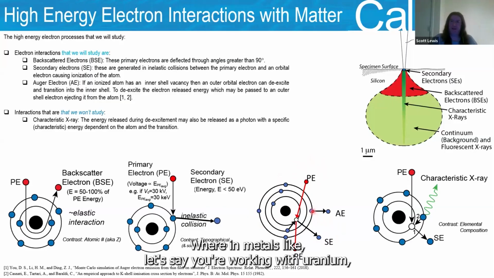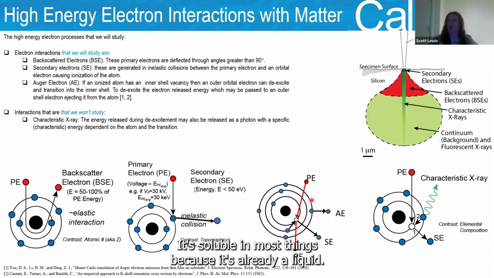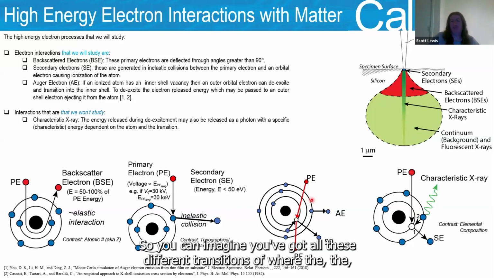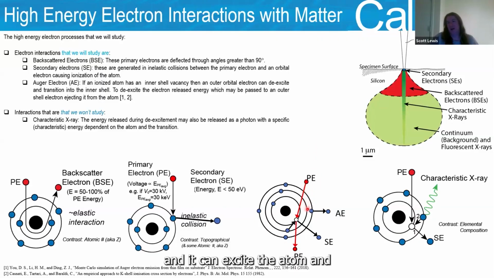Where in metals, let's say you're working with uranium, which I've made uranium-based resists, or gold resists, mercury constantly, because mercury is very, very nice. It's soluble in most things because it's already a liquid. So you can imagine you've got all these different transitions of where the electrons can be, meaning that a primary electron can come in and it can excite the atom and pull out these Augers.